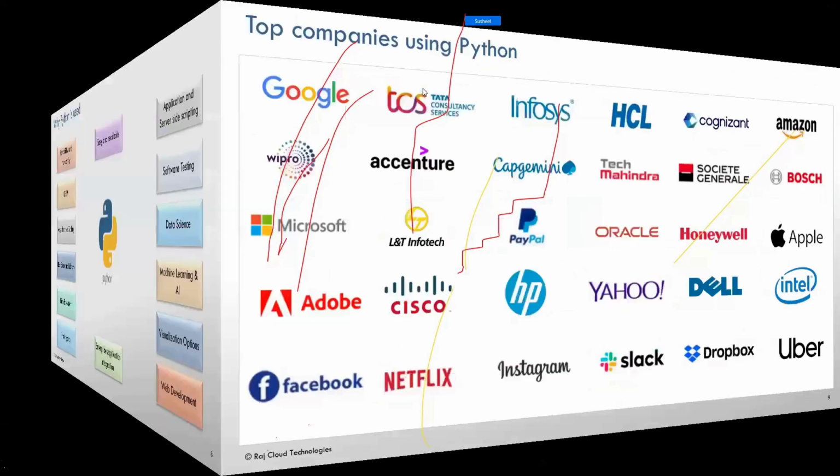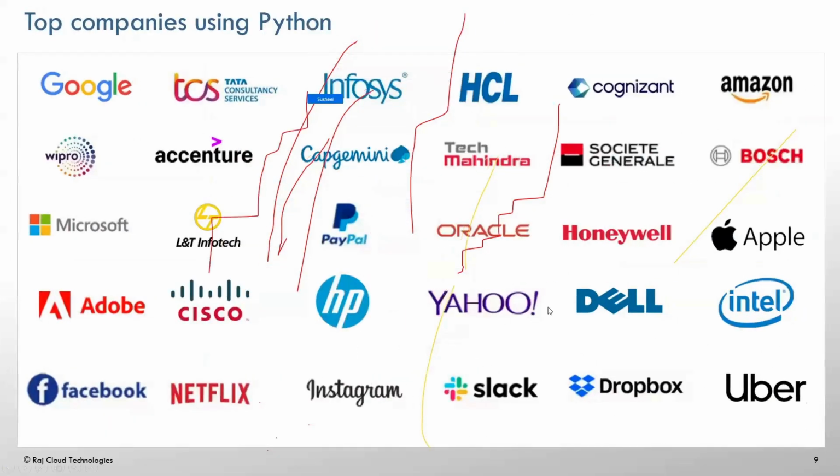Now, this is just to give you a glimpse of the companies where Python is used, and why it's trending. These are the companies, just to give you a glimpse, but it's not limited to these.